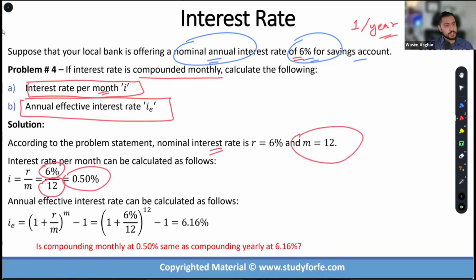Which means we are going to compound the principal every month at this rate, because there is monthly compounding happening. This builds on top of what was initially provided to us. This is no longer the same as your plain old 6% once per year. This is how you calculate the interest rate per month, or interest rate per compounding period.